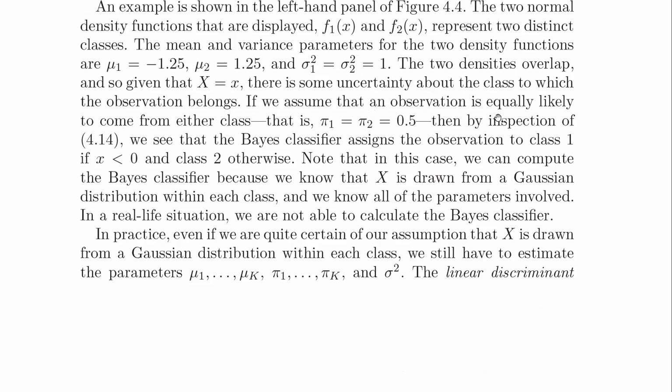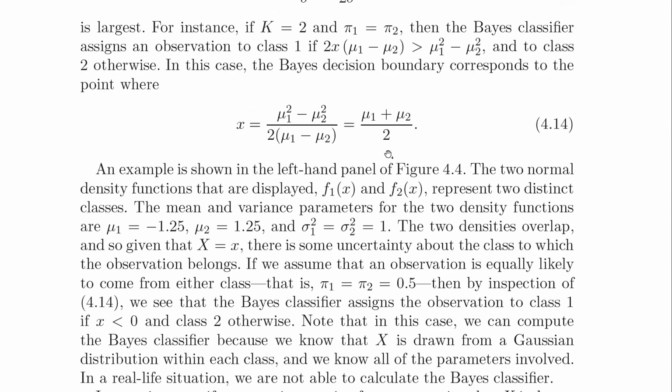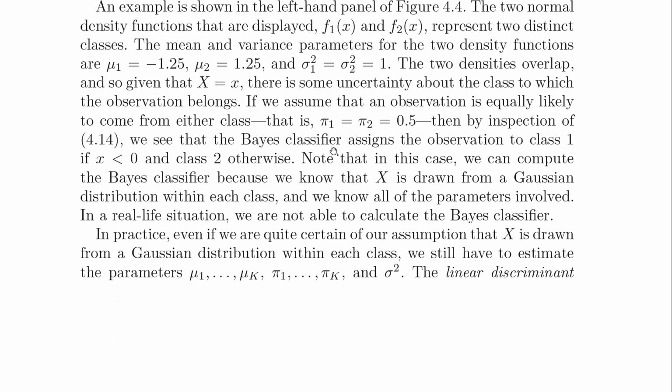If we assume that an observation is equally likely to come from either class, that is pi1 is equal to pi2, is 50%, then by inspection of 4.14, we see that the Bayes classifier assigns the observation to class 1 if x is less than 0, we're just taking the mean of these two means, and that's clearly 0, and class 2 otherwise. Note that in this case, we can compute the Bayes classifier because we know that x is drawn from a Gaussian distribution within each class, and we know all of the parameters involved.